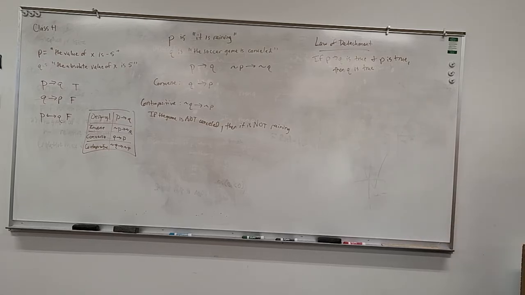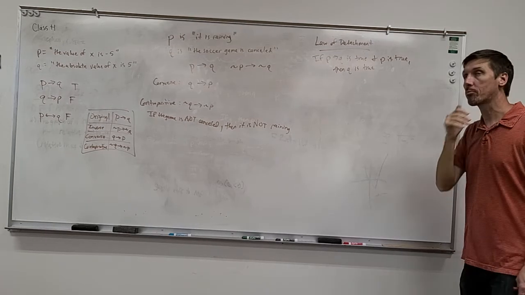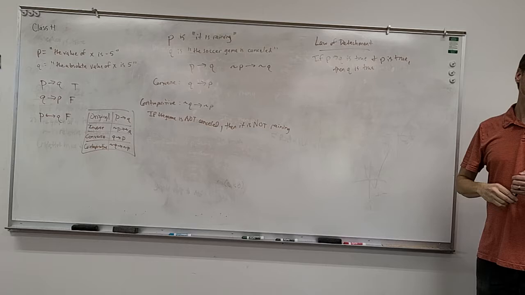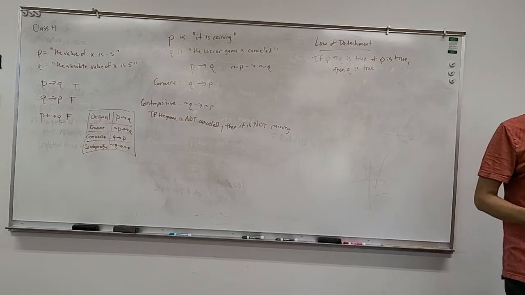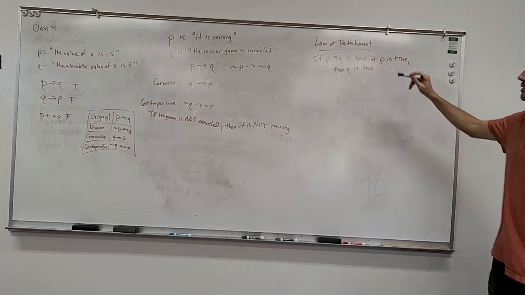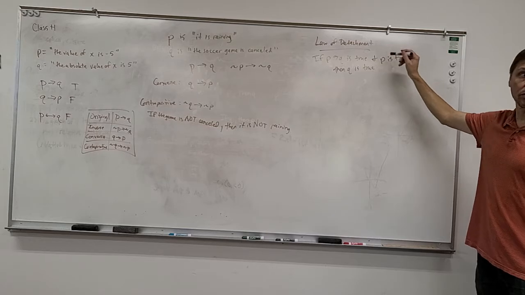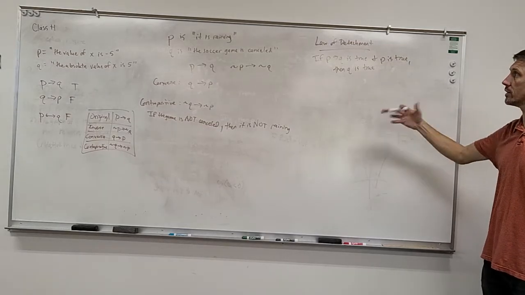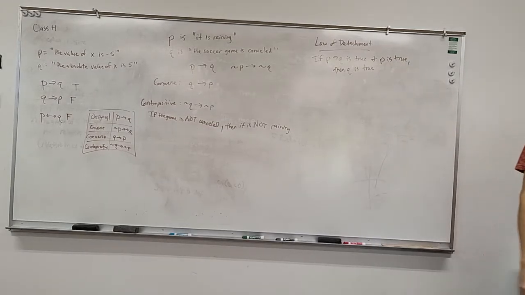So the law of detachment is just that. Why do we need to know that? Because whenever we start doing proofs for these different statements, we might sometimes say the reason I can draw this conclusion is because of the law of detachment. So you need to understand what that means.